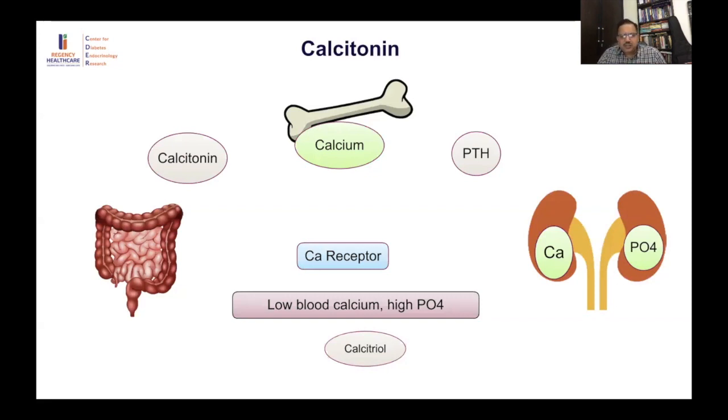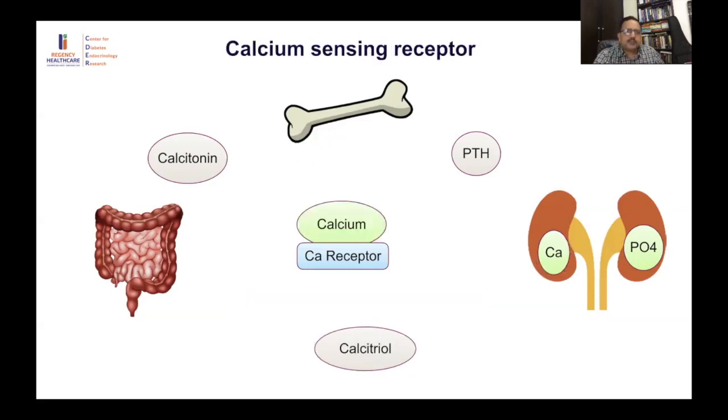So calcitonin is more of a player which plays a role when there is hypercalcemia, and that too for some time. In its absence, it has a limited physiological role. This goes with the concept that the body is more concerned about hypocalcemia, and that's why PTH and calcitriol are the two players playing an important role, with a limited role as far as calcitonin is concerned.